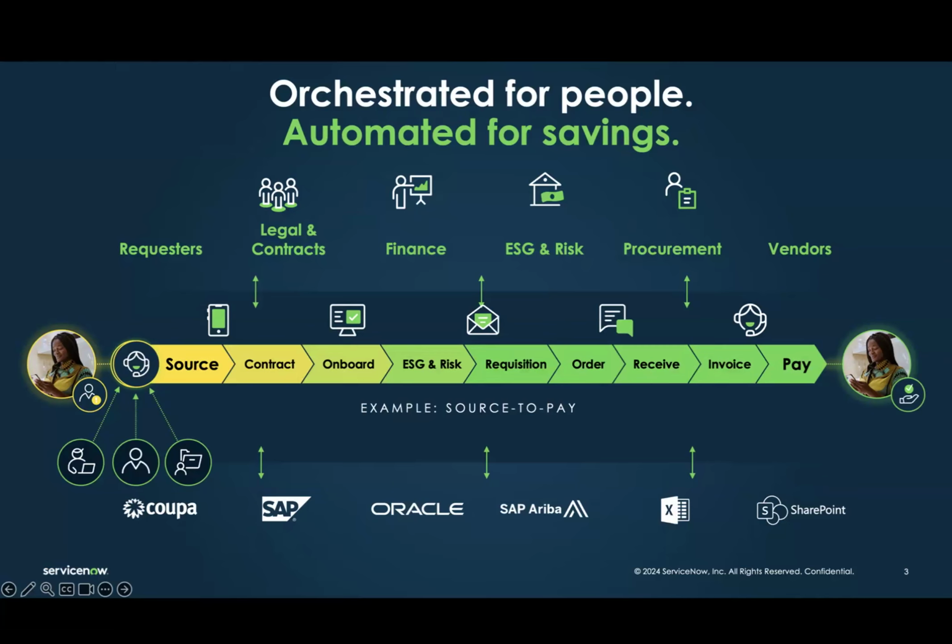Each step from sourcing and contracting through onboarding, requisitioning, ordering, and payment is automated to drive efficiency and savings. The diagram highlights those components, but also keenly think about the integrations. These are key within this process: key third-party systems like Coupa, SAP, Oracle, and SharePoint. So from a ServiceNow perspective, when we're talking source-to-pay, we're normally also talking our workflow data fabric capability, with a little bit more on that later.